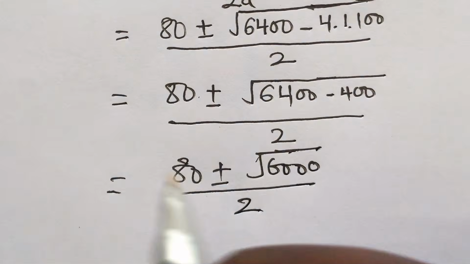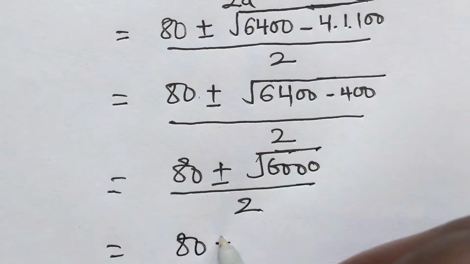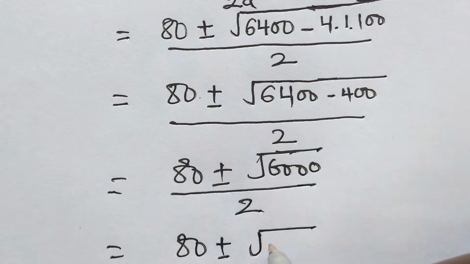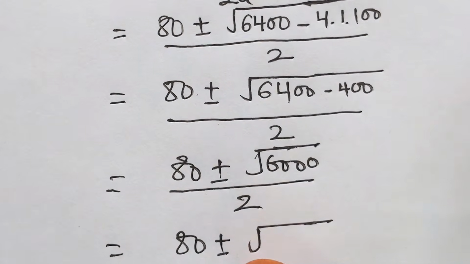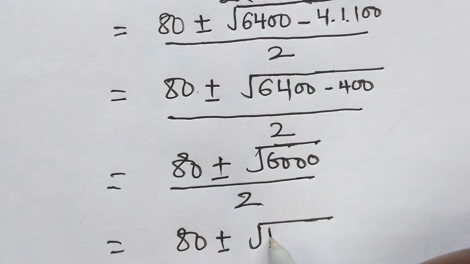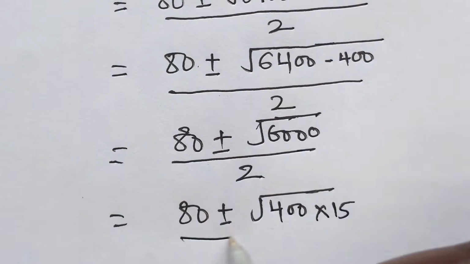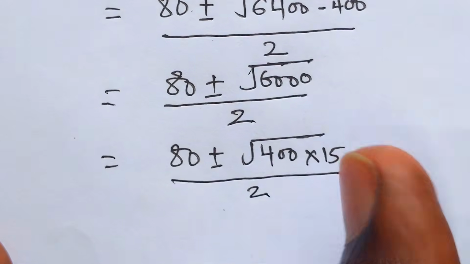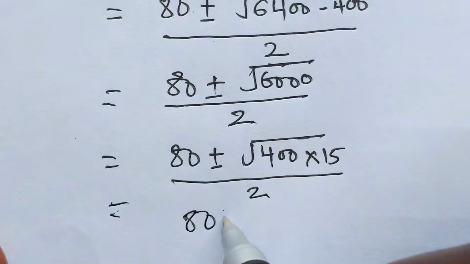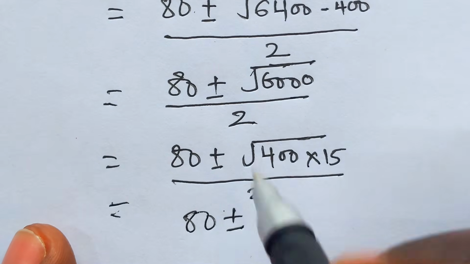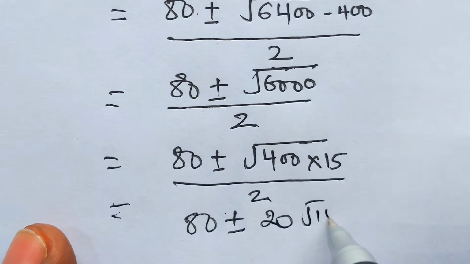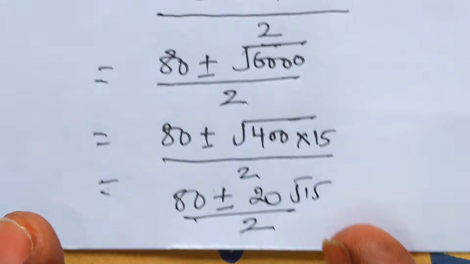And this will be 80 plus or minus square root of 6000 over 2. This is equal to 80 plus or minus square root of, this one can be written as 400 times 15, then over 2. And of course this will be 80 plus or minus square root of 400, which is 20, square root of 15 over 2.